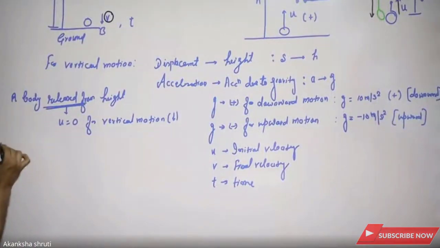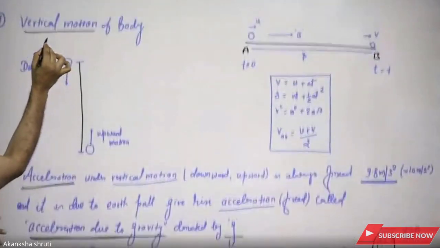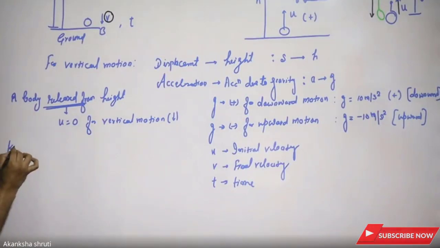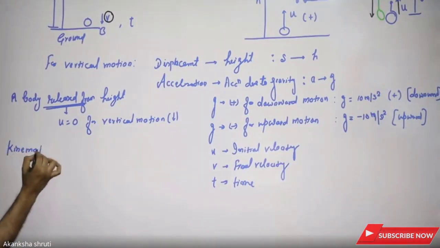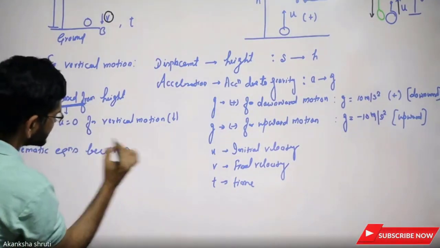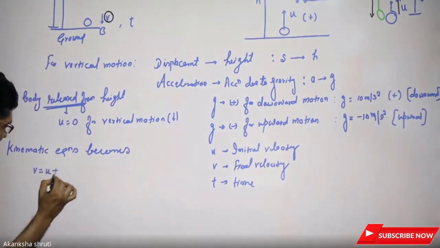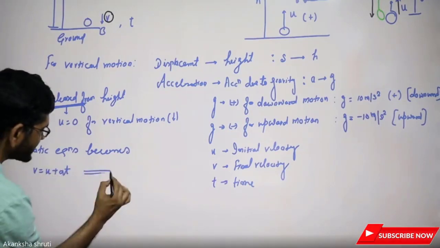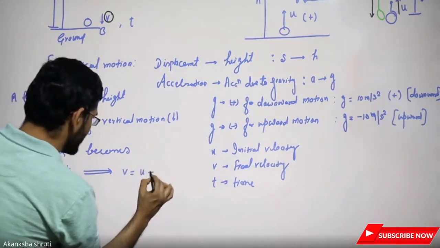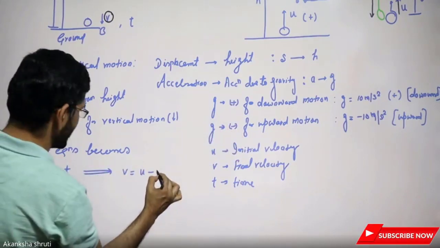So our kinematic equations for vertical motion are like this. Write the kinematic equations. v is u plus at. This is the general form, but here v and u remain as they are, while a has to be denoted by either plus g or minus g.